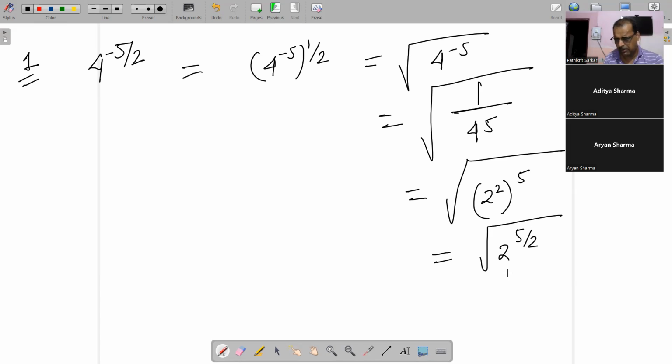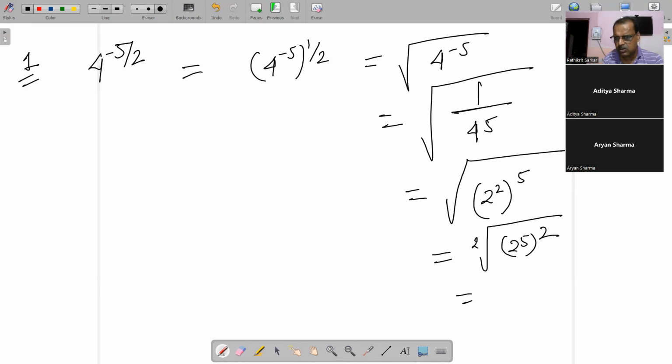So 2 to the power 5 by 2 comes down to 2 to the power 5 and whole to the power half. Here there is a root, meaning there is a 2, so the 2 will cut. So ultimately, once you cut it, sorry, this will be 2 to the power 5 whole square.